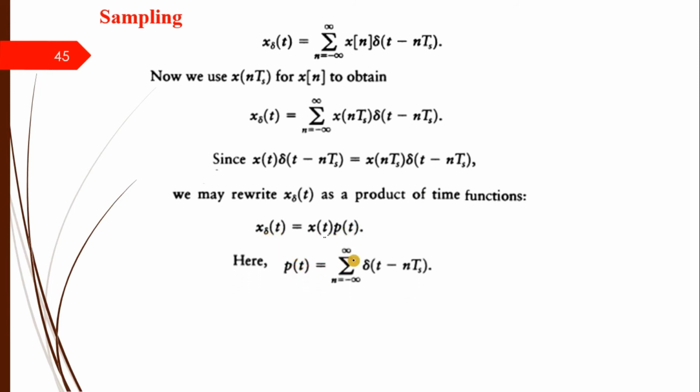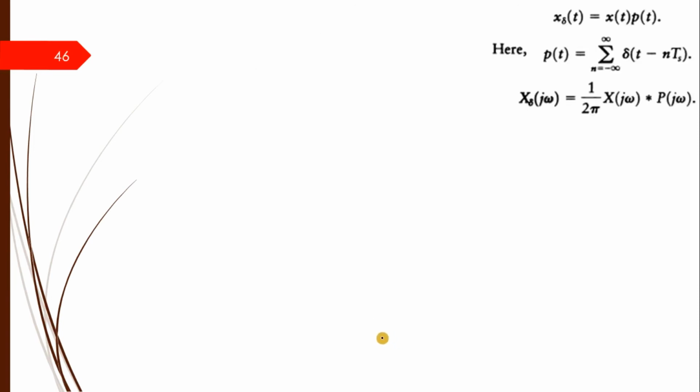But p of t is represented as a sum of shifted impulses. That's the meaning of impulse train: summation n is equal to minus infinity to plus infinity delta of t minus nts. Now if I want to perform the operation, multiplication in the time domain becomes convolution in the frequency domain, which we are already aware of from the previous topic: 1 by 2 pi x of j omega convolved with p of j omega.